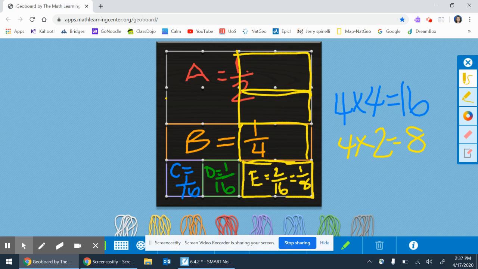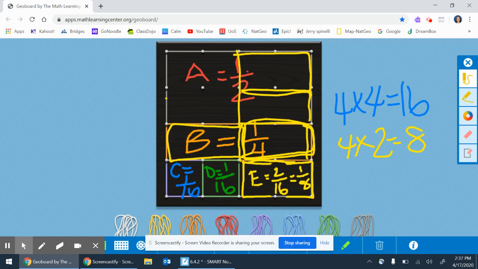So we were able to use our GeoBoard to help us figure out the fraction of the holes that we could have when we first started off as our very whole shape. I also love that we could use E to figure out how to solve B, because I know E is 1/2 of B. So if I needed 2 of my E sizes, that would be 2/8, or that's the same as 1/4.